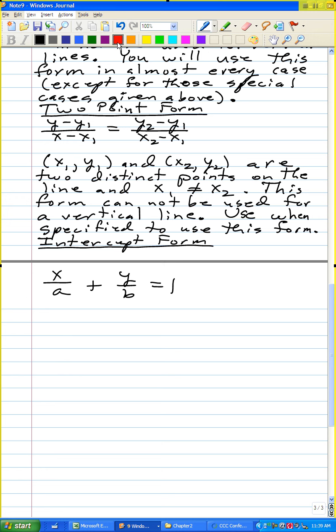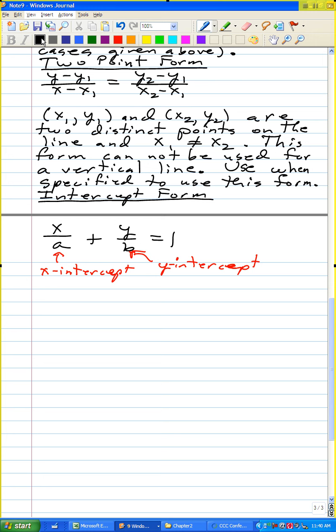A here is the x-coordinate of the x-intercept. B here is the y-coordinate of the y-intercept. So of course, a must exist, b must exist, and neither a nor b can be 0.